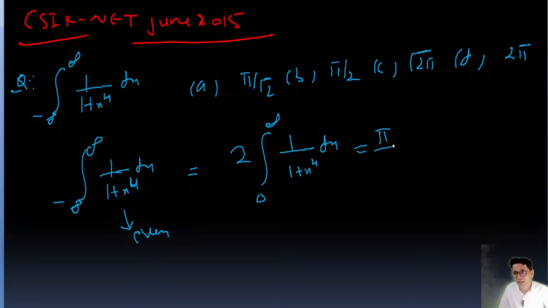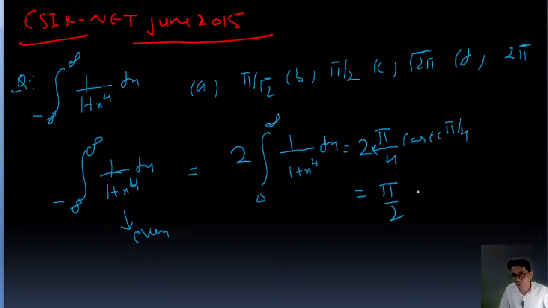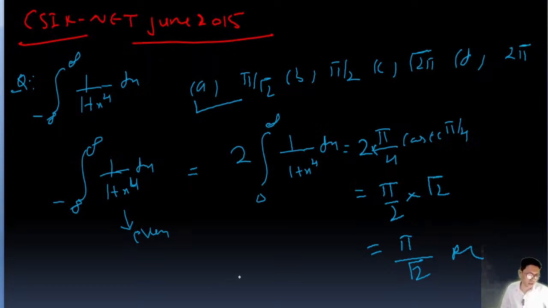So pi by 4 cosec pi by 4, and the 2 is also there. The 2 will cancel, this is going to be pi by 2, and cosec pi by 4 is root 2, so this is going to be pi by root 2. This is the answer, option A. Pi by root 2, option A, is the correct answer, guys. Very simple question asked in June 2015 CSIR NET.